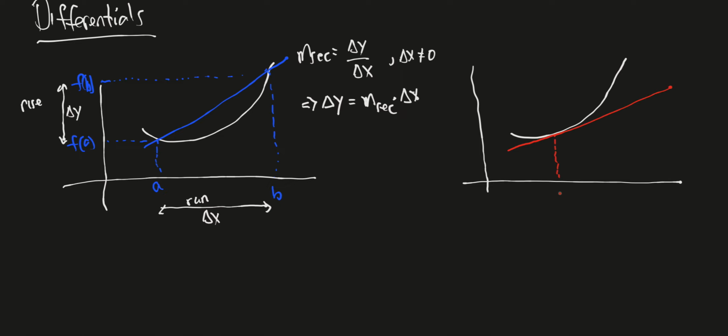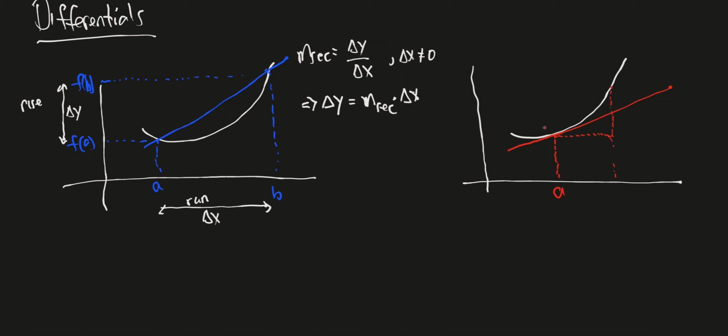So that would now be my A. Well, the problem is I don't really have a second point, right? However, what I could do is pick another point here, and say, okay, well, that would be my run, and then that would be my rise, right?